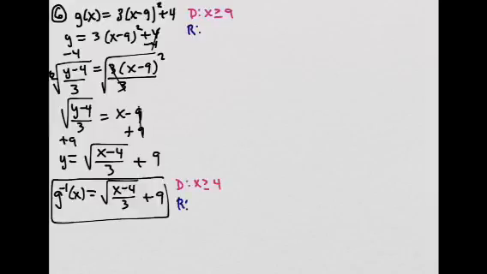So the range of the g of x function would be y greater than or equal to 4, and the range of the inverse would be y greater than or equal to 9. And if you could see the connection here, see how this 9 and this 9, same number, okay?